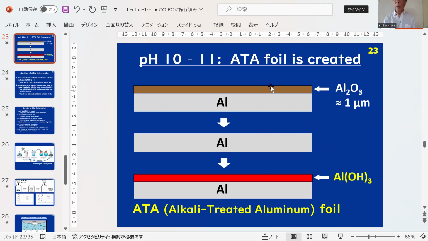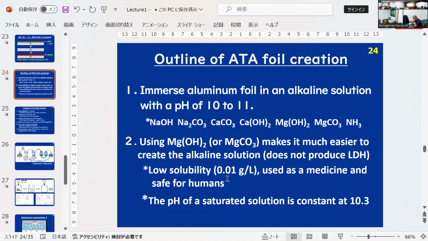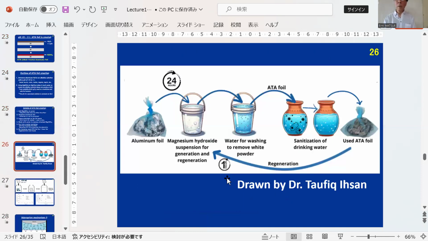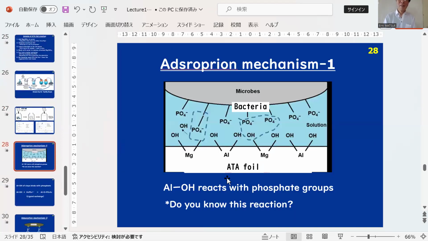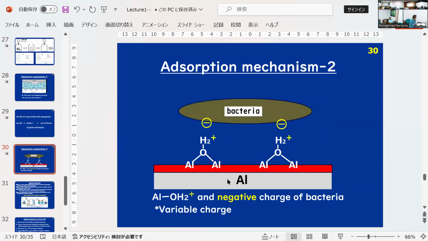Al2O3 reacts with OH minus, alkali, and dissolves. And metallic aluminum reacts with OH minus to form LOH. This is the knowledge of high school chemistry. So this is also the knowledge of soil science.